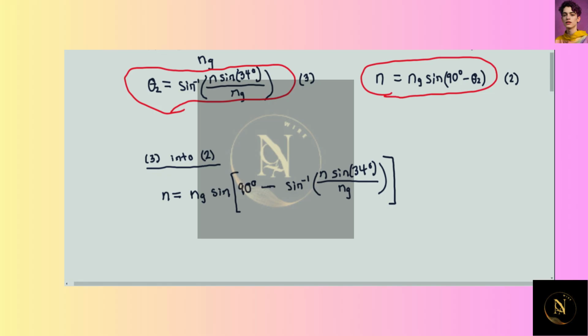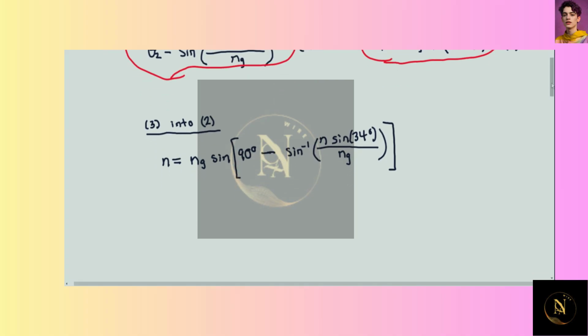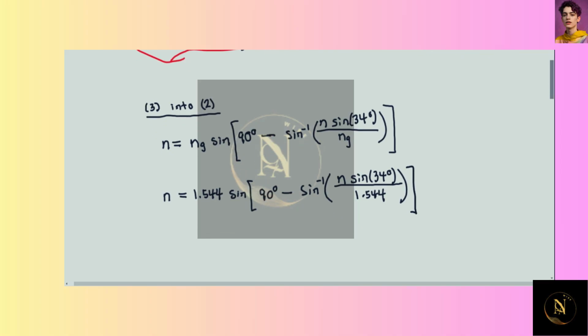And everything seems to be in order. Very good. Now let's just plug in Ng. n is equal to 1.544 sine of 90 degrees minus arc sine of n sine 34 degrees over 1.544, and there we go.